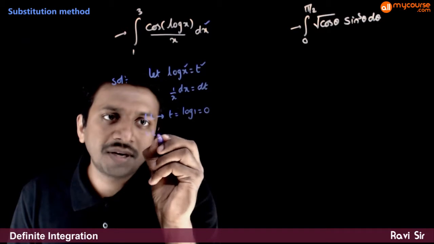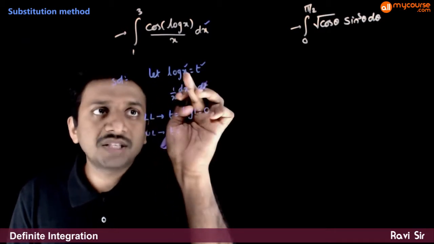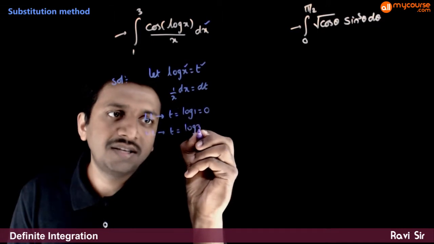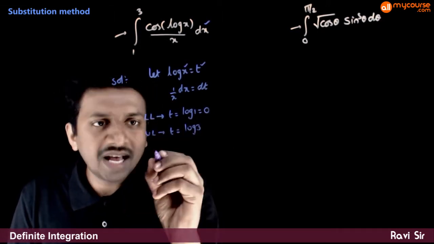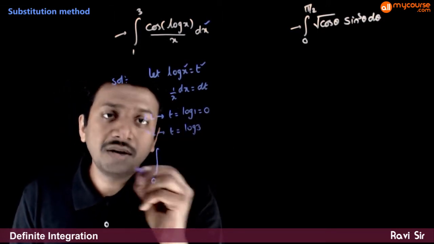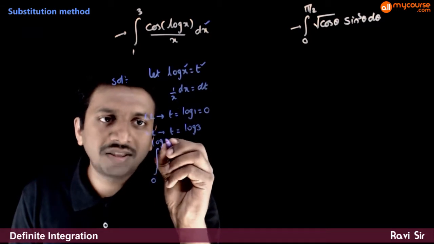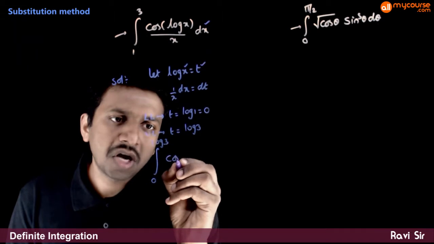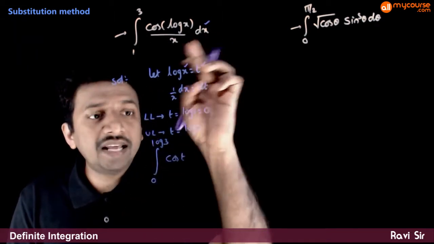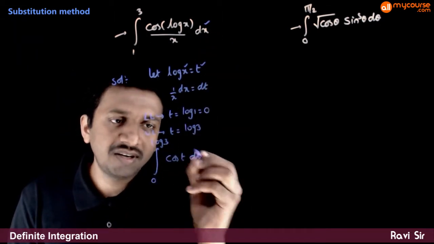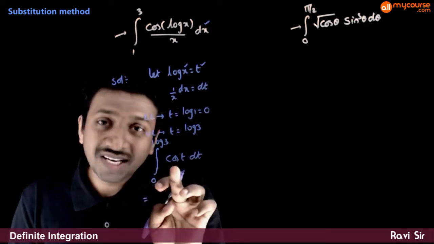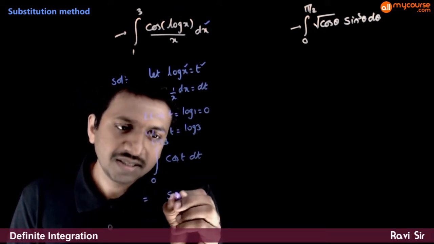And for the upper limit, t is equal to, just put x equal to 3 in this, log 3. So the limits are 0 to log 3. These are the limits of t. We get cos t, and dx by x becomes dt. So this is equal to, what is the integral of cos t dt?